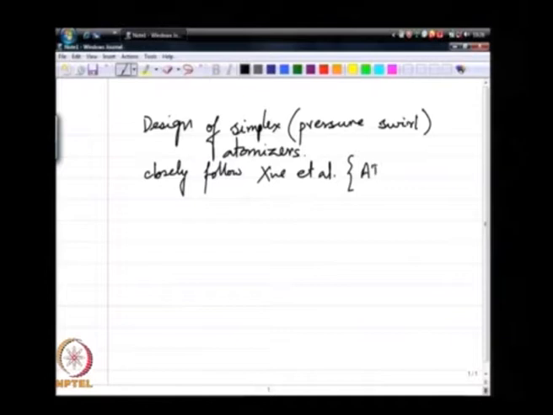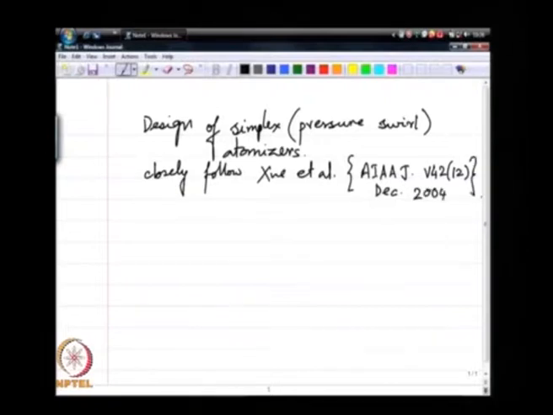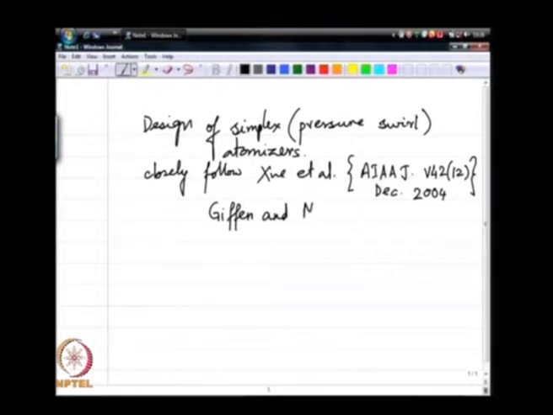I will give you the reference, it is AIAA Journal volume 42, number 12, from December 2004. In fact, their process also follows the original work in this field by these two people. This is a classic paper where the first design process for a simplex atomizer was presented.